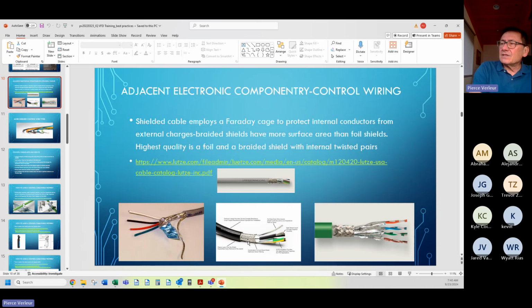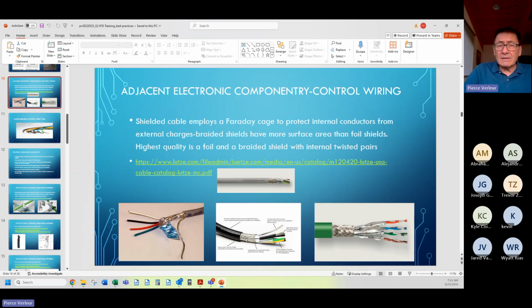This cable has 2 shields. One is a foil, one is a mesh. That mesh has a lot more surface area per linear inch than the foil. Why use both? Well, the foil carries low frequency signals better.